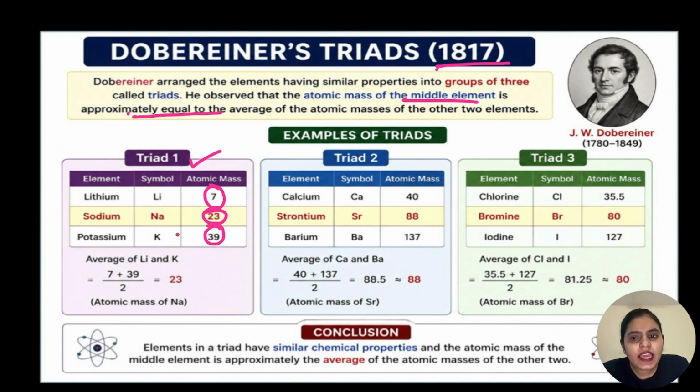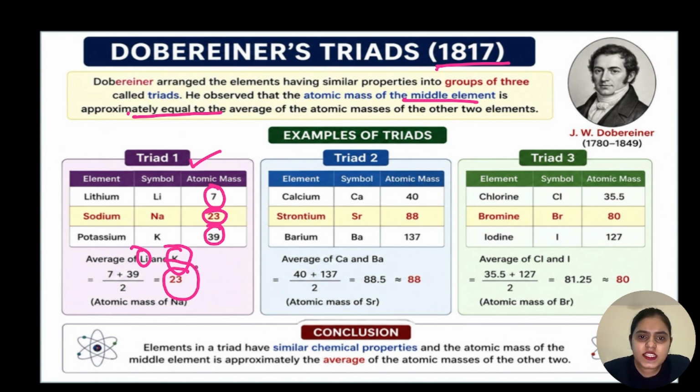If we calculate the average of lithium and potassium, what do we get? We get 23, which is the atomic mass of sodium, right? So this triad follows the Dobereiner triads, right?